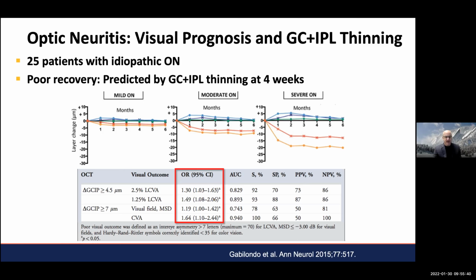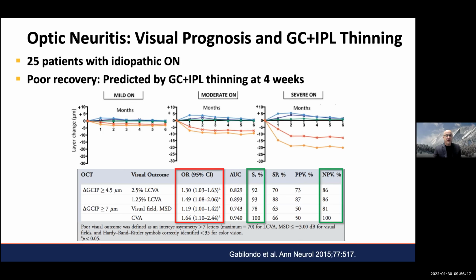The issue with this is that while the sensitivities and negative predictive values are high, the positive predictive values and specificity are rather low, pointing to the power of this indicating perhaps a better prognosis if you don't have anything at 4 weeks, but a little bit unknown if you do have atrophy evident at 4 weeks already in the system. And the problem is 4 weeks is a little bit late, however, to address further interventions immunologically for the care of the optic neuritis.